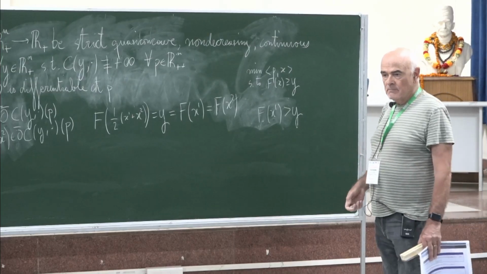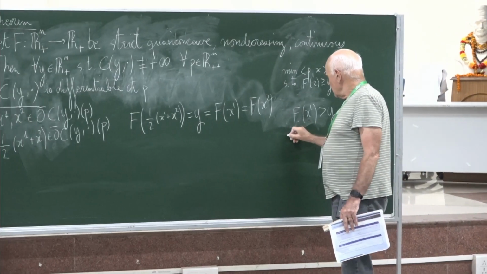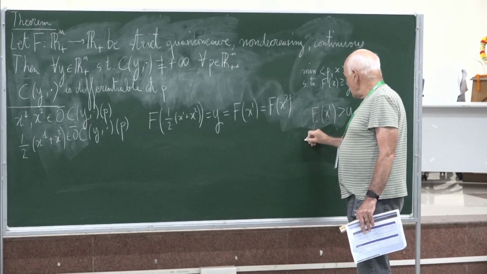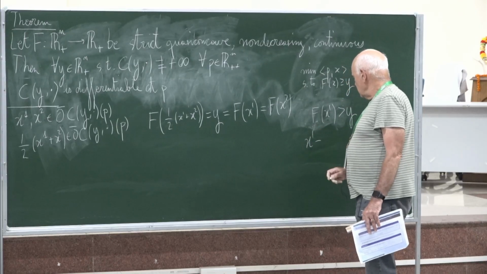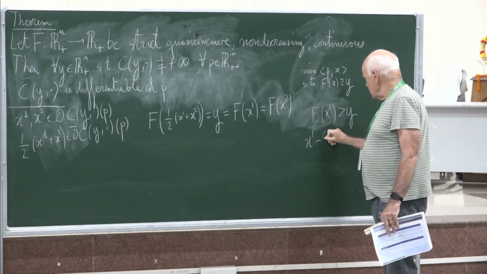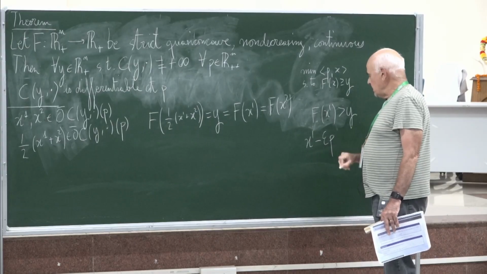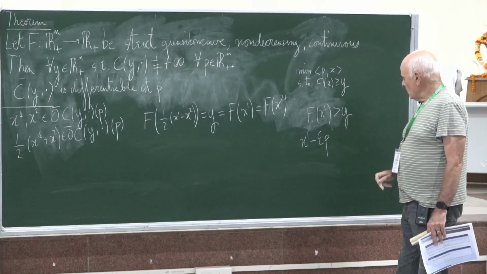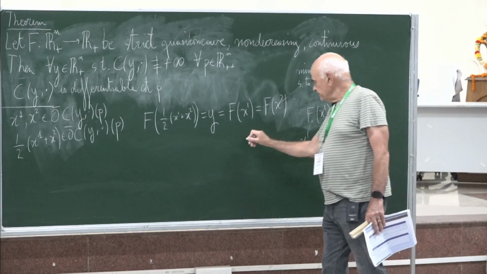Is this clear? For instance, take x1 minus epsilon p with epsilon small enough.